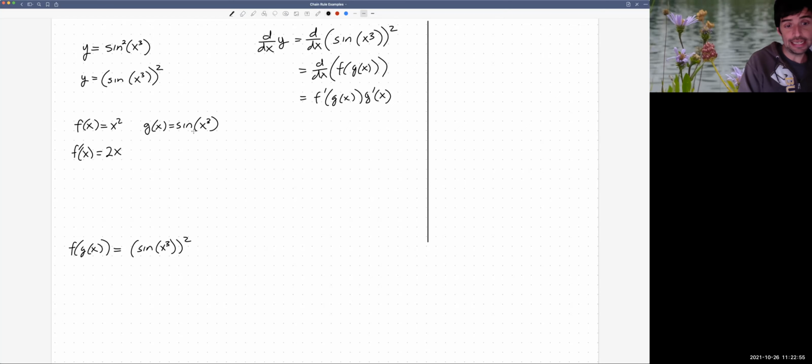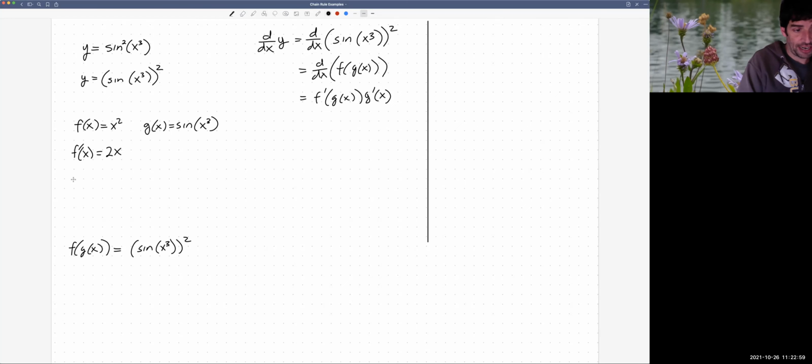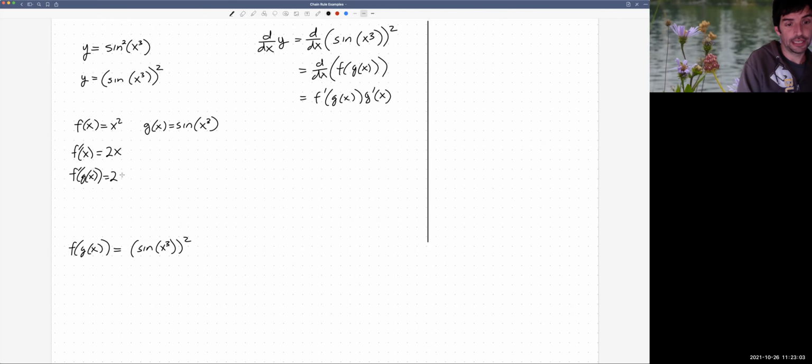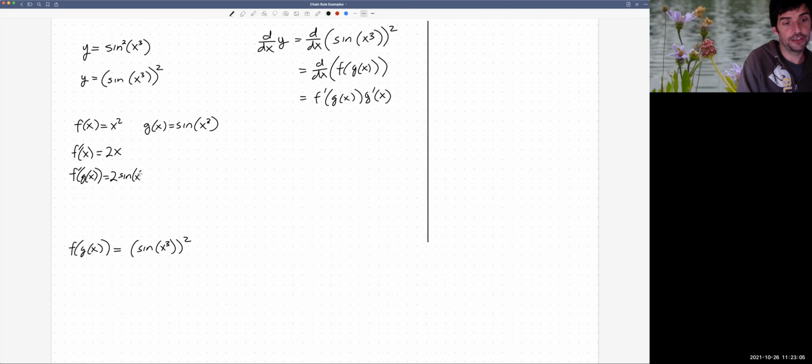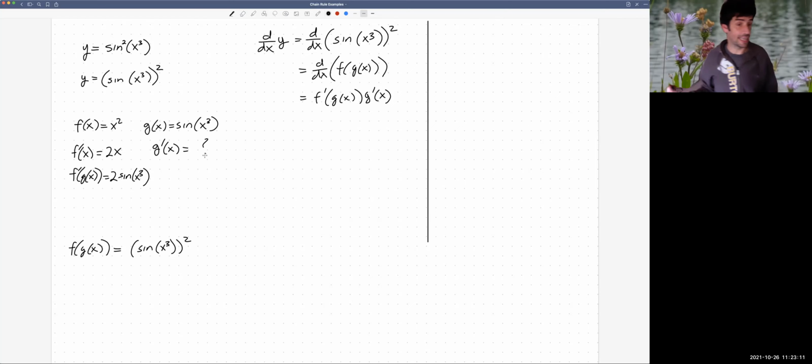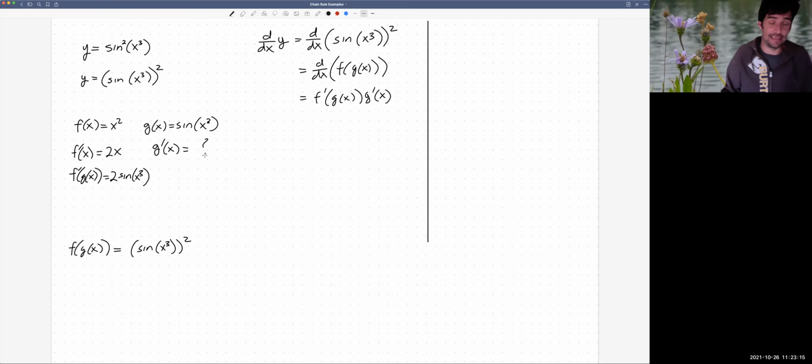What do we need? So in order to finish our derivative, right, I've got f prime of g of x. That's easy enough to write down. That's 2 times sine of x cubed. The last piece is I need g prime of x, right? But I can't use my simple derivative rules, but I can find g prime of x because I just said it's another chain rule.